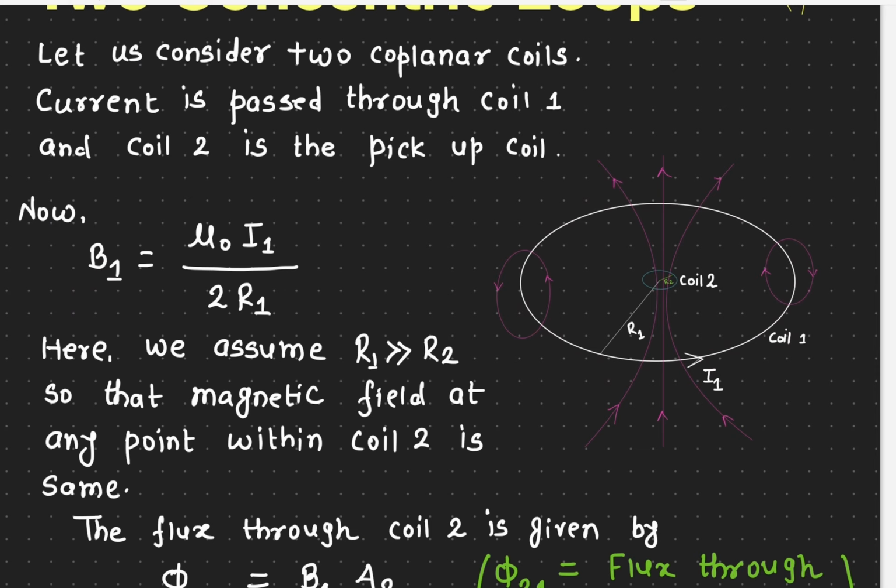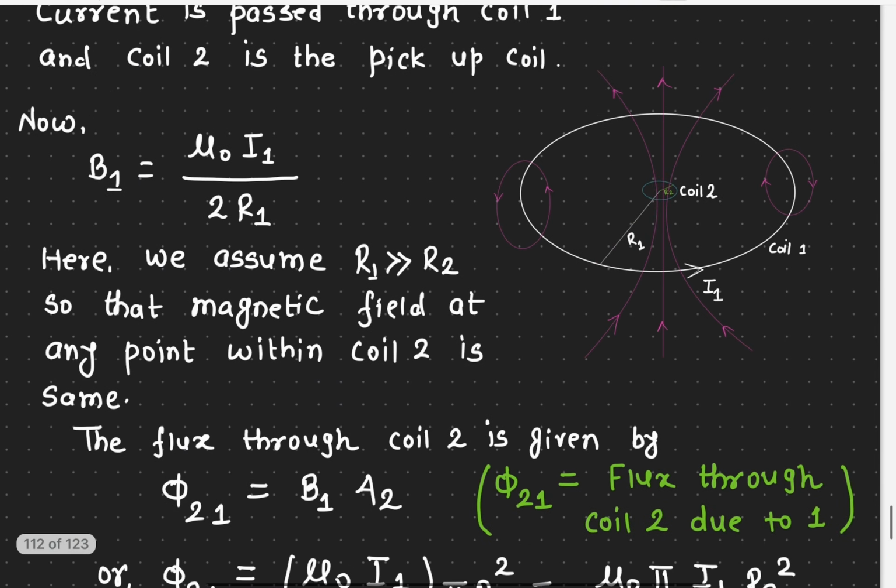What is mu 0? Mu 0 is the permeability of free space. I1 is the current passing through this coil, and R1 is the radius of the first coil. And I am mentioning one more time, the radius of coil 2 is much smaller than coil 1, or coil 1 is much bigger than coil 2.